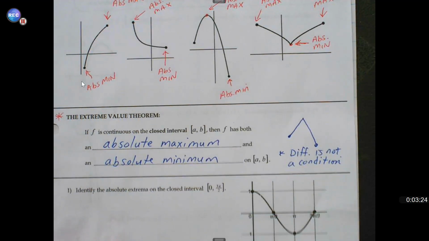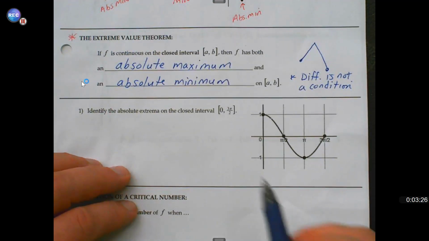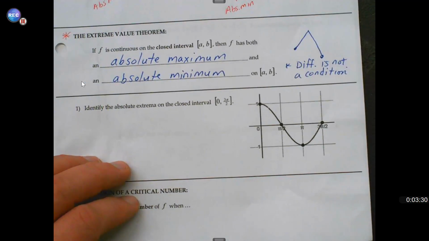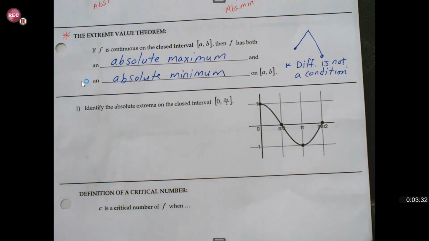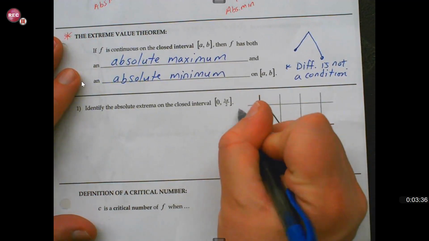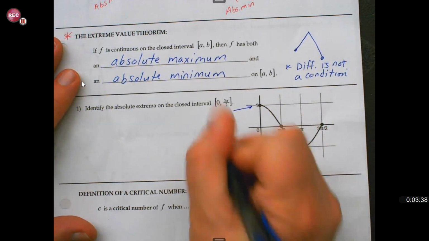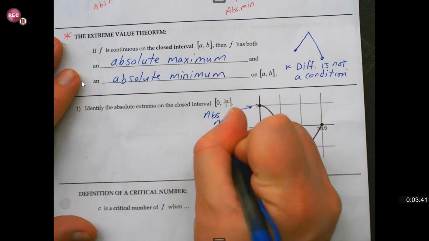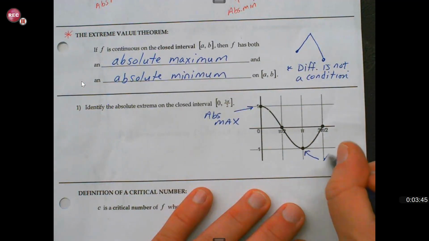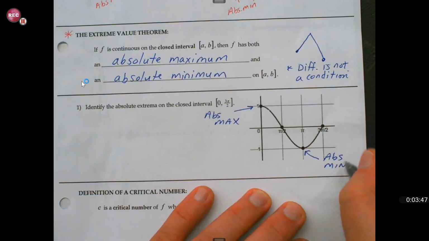All right, cool. So let's go to problem number 1 here. It says identify the absolute extrema on this interval. Since the picture's there, we're just going to identify the spots and name them. This is clearly the highest point on the interval, so that's our absolute max. This is the lowest point on the interval, that's our absolute min. So we name them.